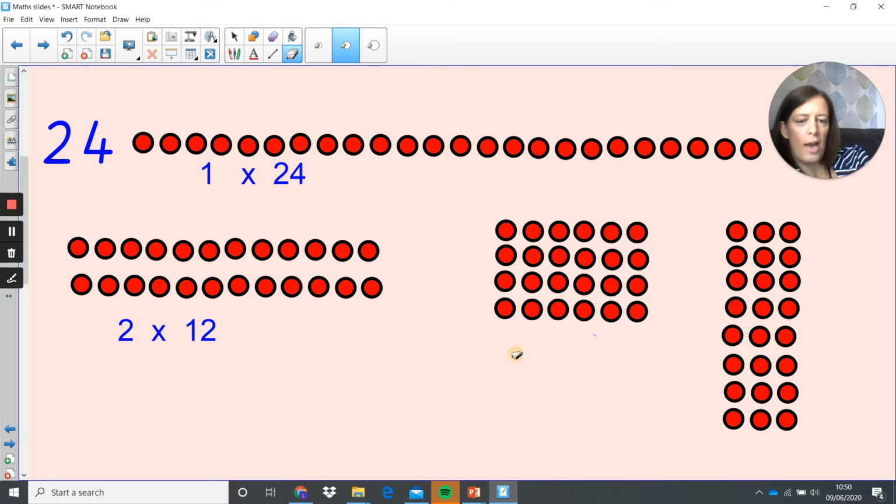I could have 4 rows of 6, 4 times 6, or I could have 8 rows of 3. So 24 has more factor pairs than 12, because it's got 4 pairs. It's got 1 and 24, 2 and 12, 4 and 6, and 3 and 8.